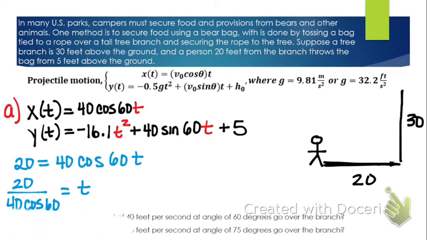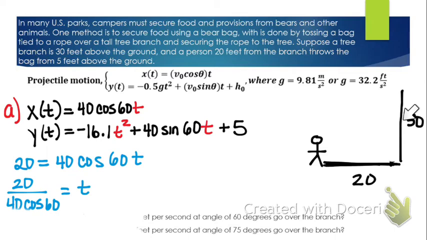Okay, so what we need to figure out though, because we needed to clear the branch that's 30 feet high, is the vertical height of that bag at 1 second. So we know that it's going to take 1 second the first time for it to travel 20 feet.